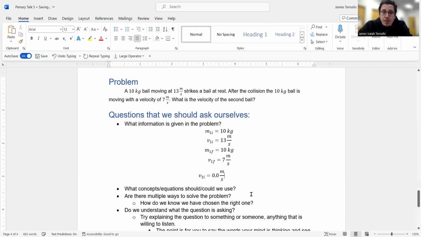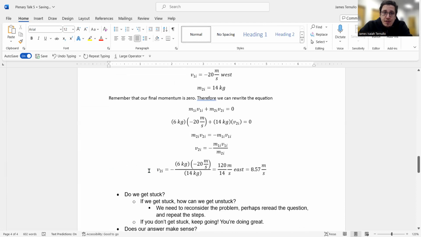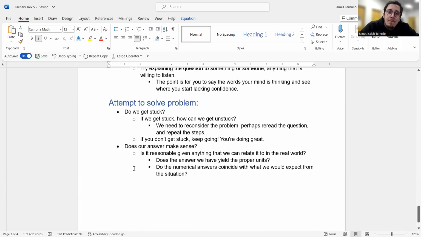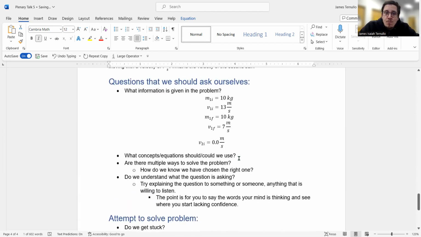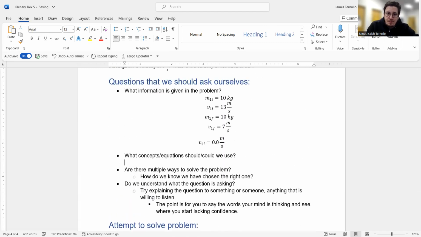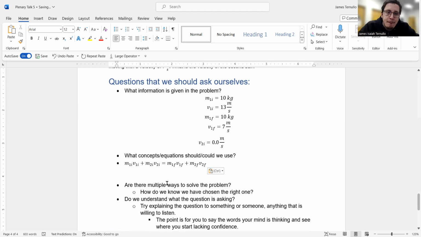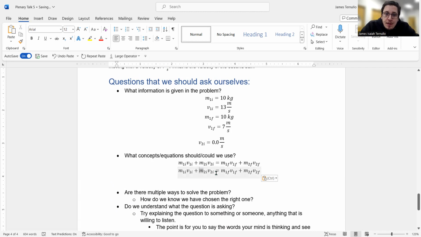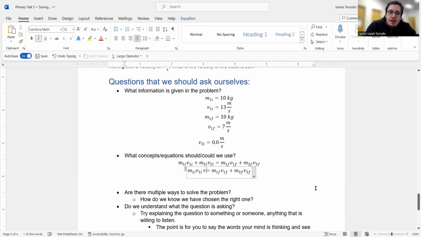Now we already know that we need to use conservation of momentum, and given the situation, we can rewrite conservation of momentum in this way.